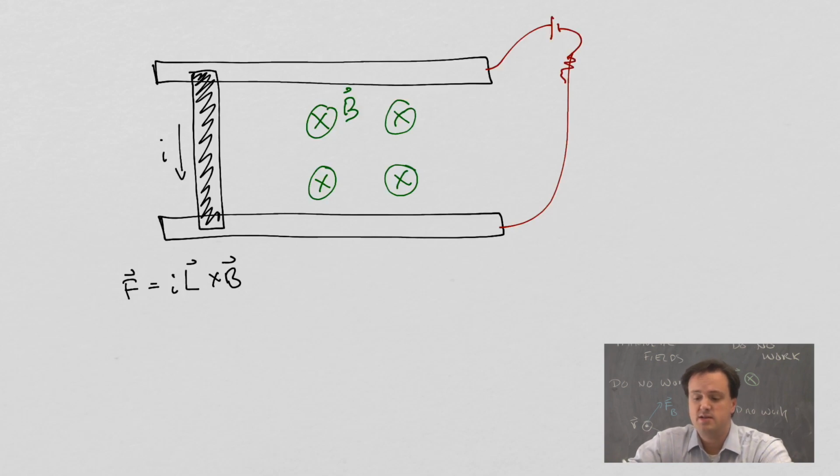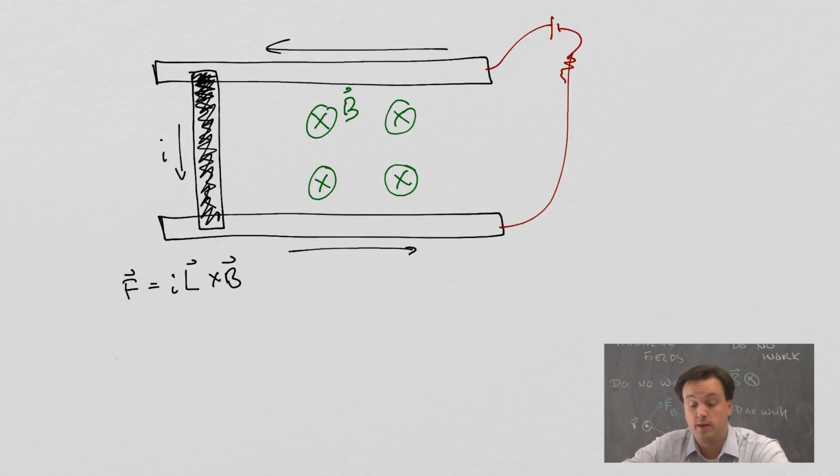I might also need a resistor in order to control the current, but I have something set up on the right hand side so that there's a current flowing down the rail across this crossbar, which is set so that it can slide along the rails and then back to my battery. So the two rails are fixed, so I'm not going to worry about the magnetic force on those. But this darker rail is free to slide along to the left or to the right at will.